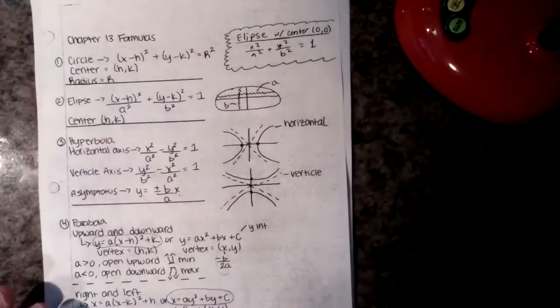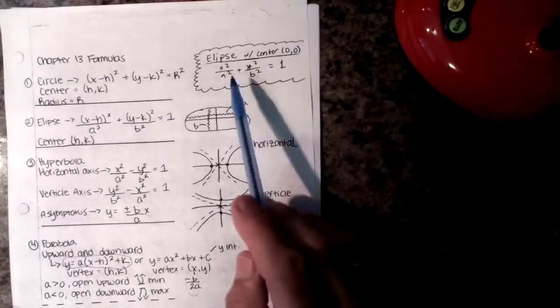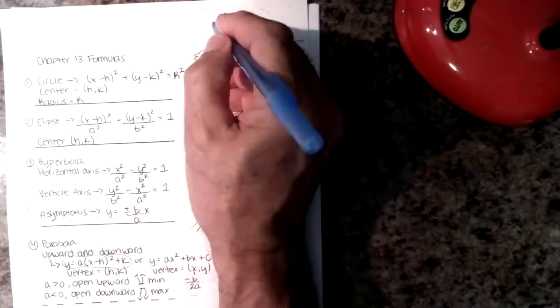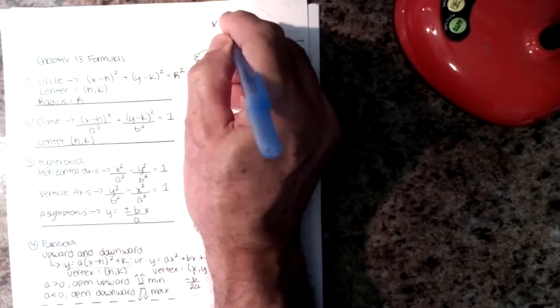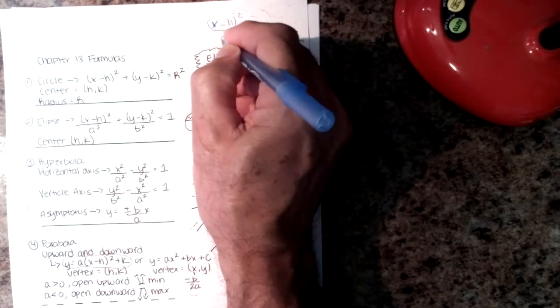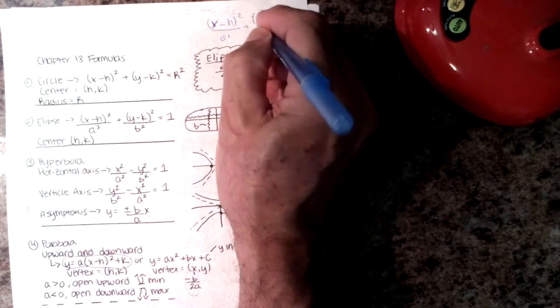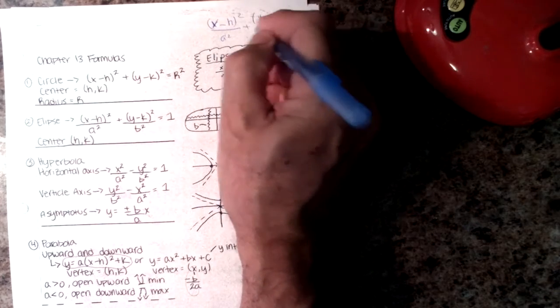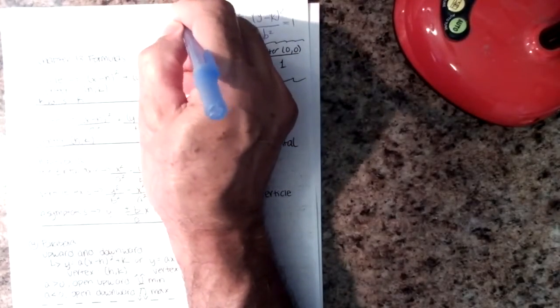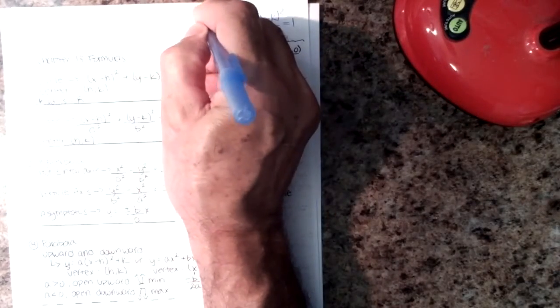In the formula, it is x minus h to the power of 2 over a squared plus y minus k to the power of 2 over b squared equals 1. This is in case the center of the ellipse is at h and k.